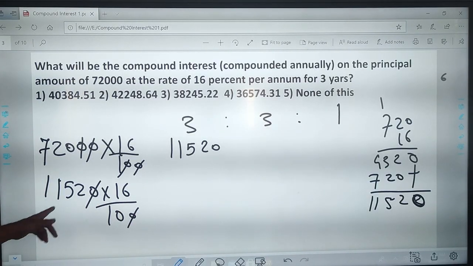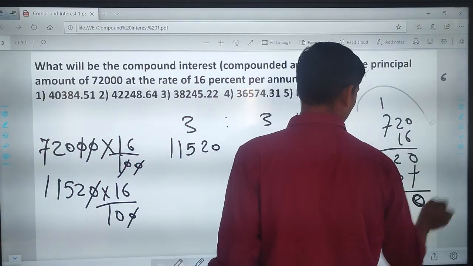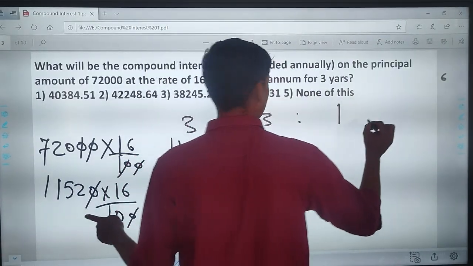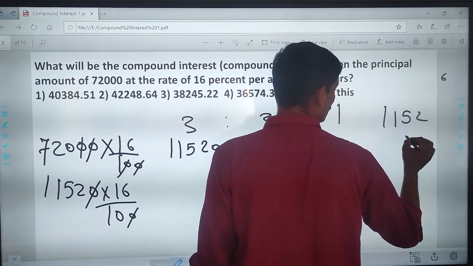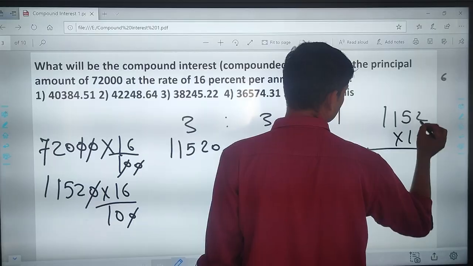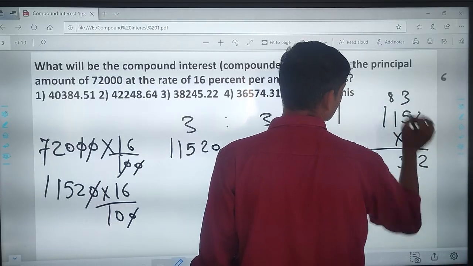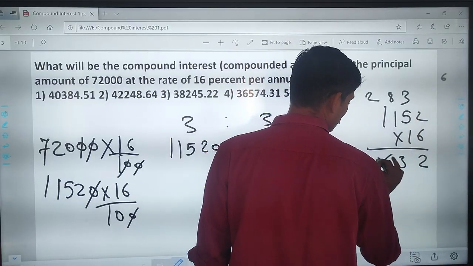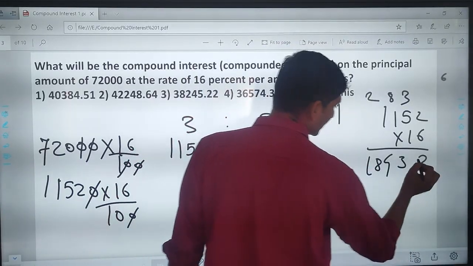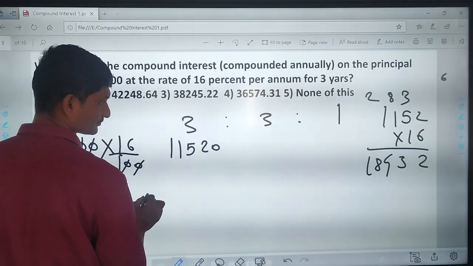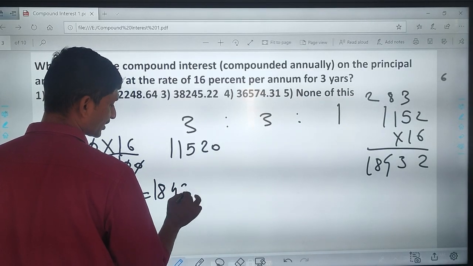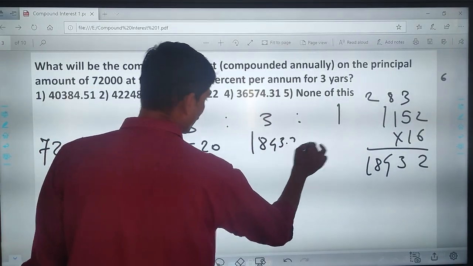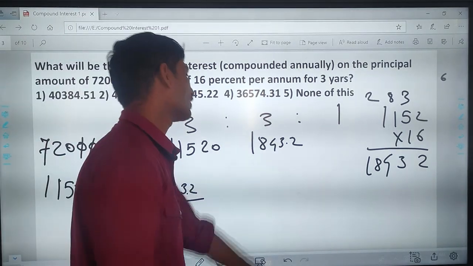Now here we take the multiplication of these two, 1152 into 16, divided by 10. That is 1843.2.